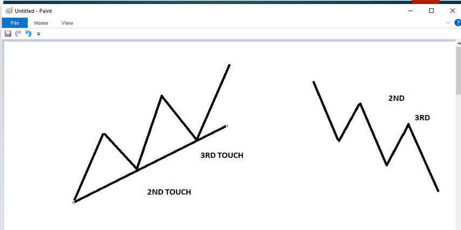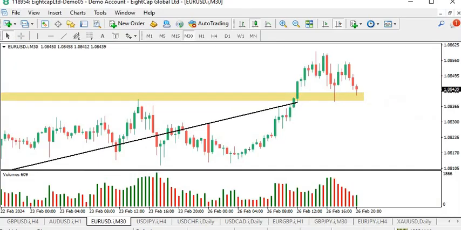Draw it from the first touch, connect it with the second, and take entry on the third touch. And that too only when there appears a doji, engulfing candlestick or pin bar. Let me take you to the charts.